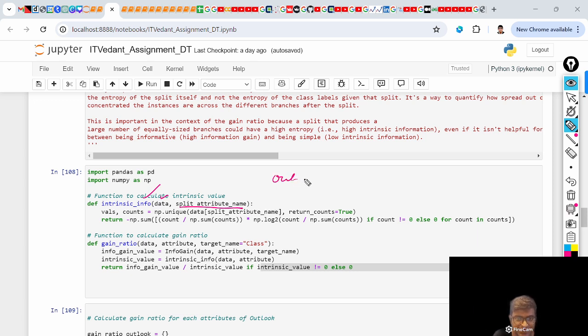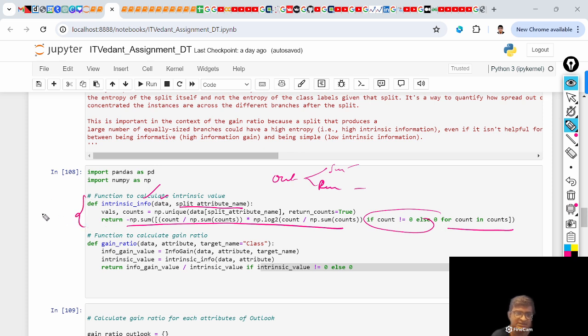For example, under Outlook we have Sunny, and under Sunny we find how many records are there. And counts we are finding out. Under Rain how many records are there, we find that out. And then this is the formula of the entropy again, with division by 0 handled, for counts in counts. That means we are running a loop. This is nothing but calculating the split entropy.